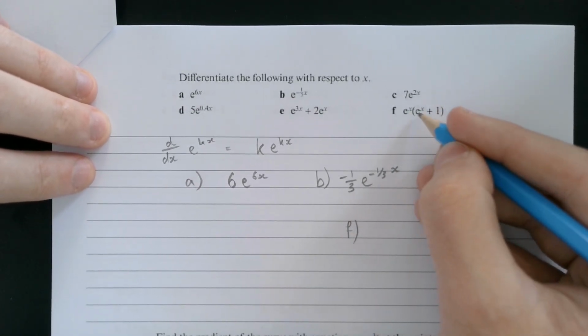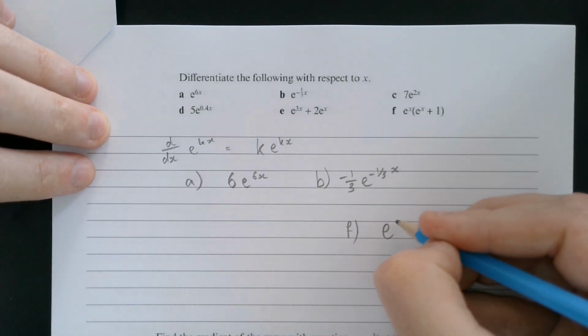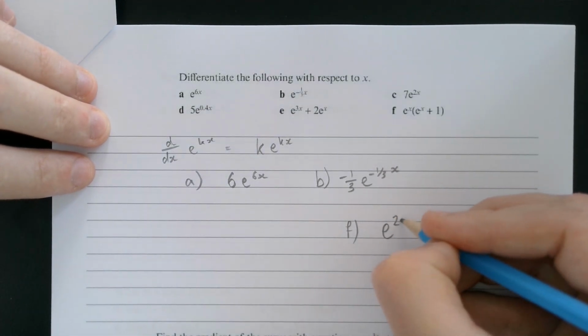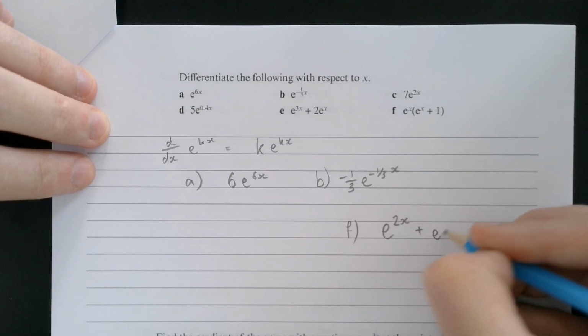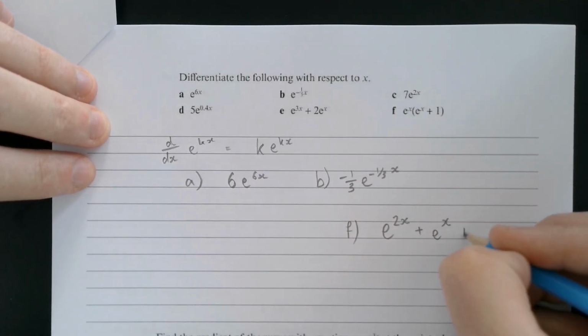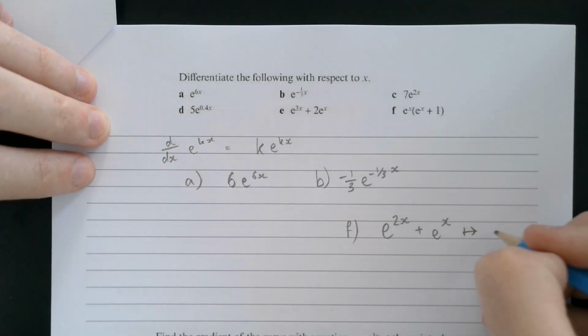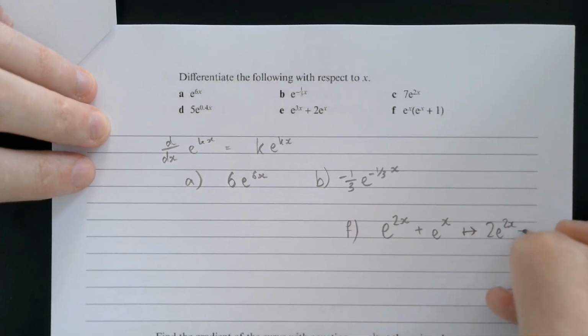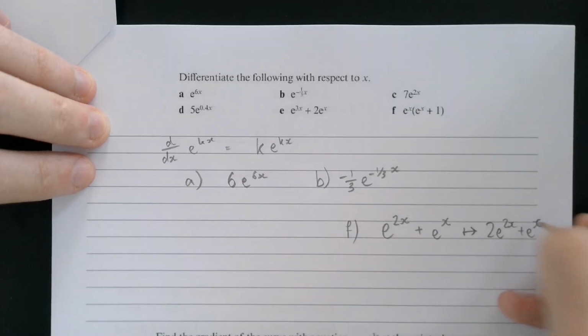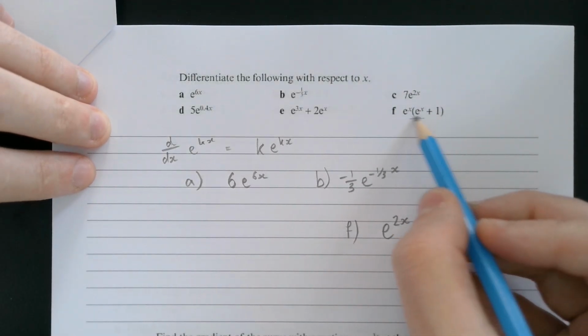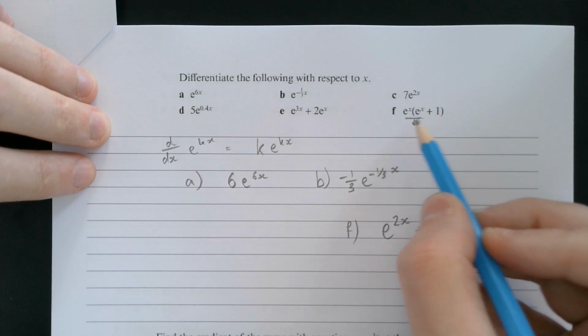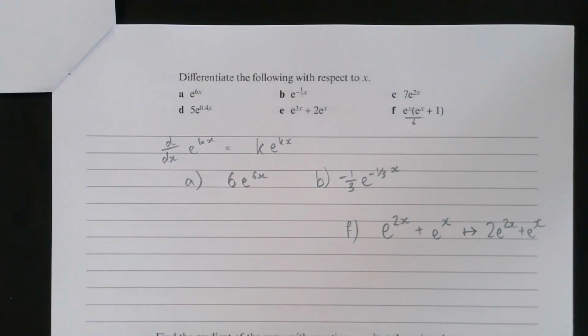So e to the x times e to the x is e to the power of x squared, which is e to the power of 2x, plus e to the power of x, and then that will differentiate to 2e to the 2x plus e to the x. So all we had to do there was use that index law, e to the power of x squared is e to the power of 2x.